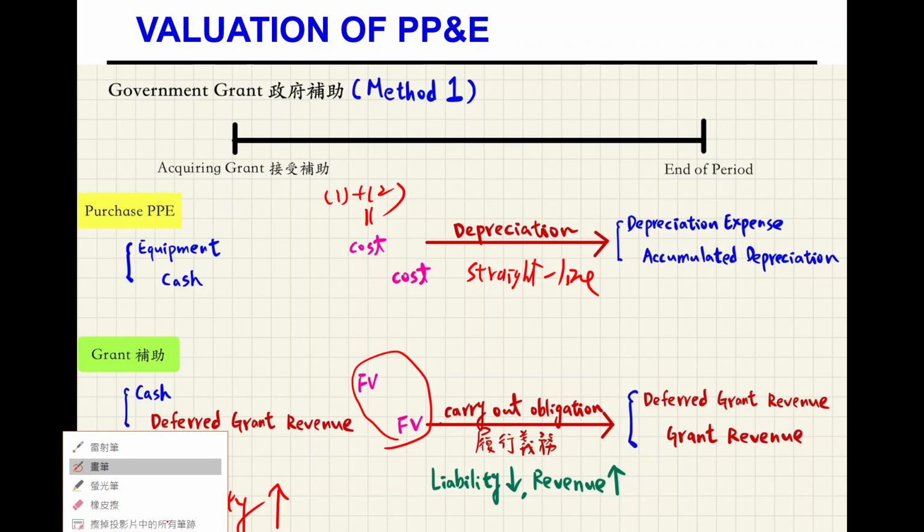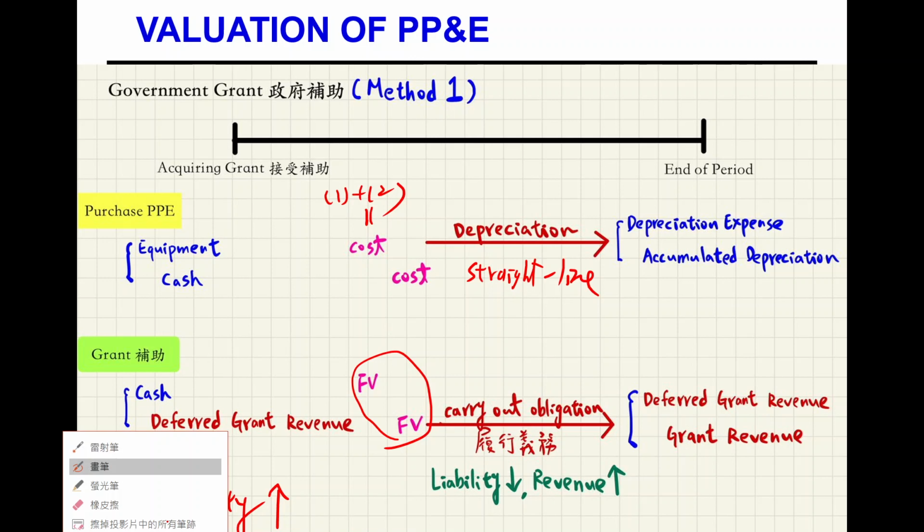If you remember, liabilities, after you do your job, after you meet the obligations, that means what? Liability decreases, at the same time you earn the revenue, right? Like earn service revenue, the same logic. At the beginning, your liability.